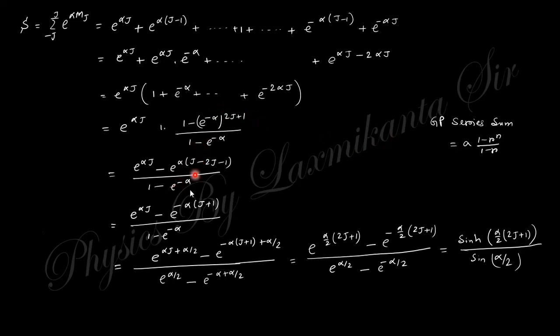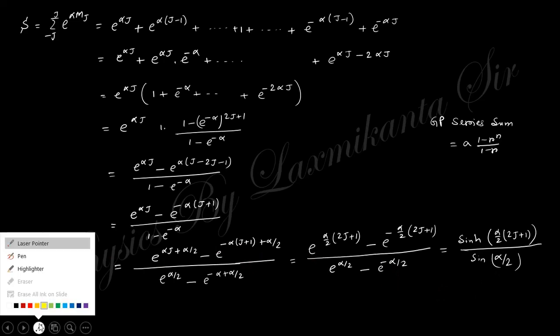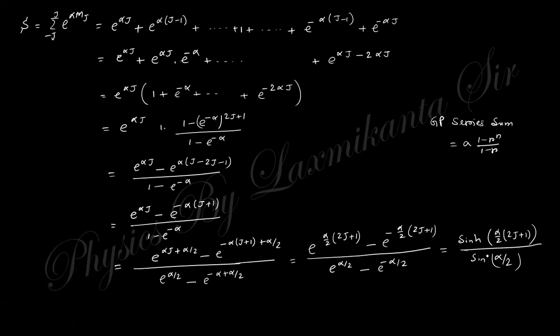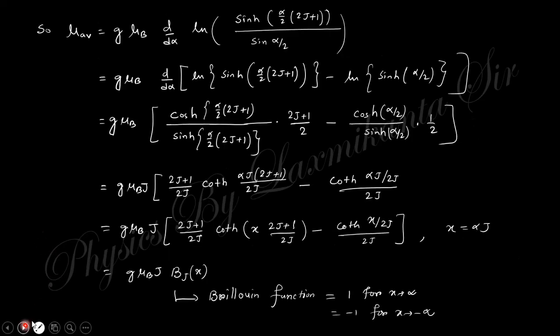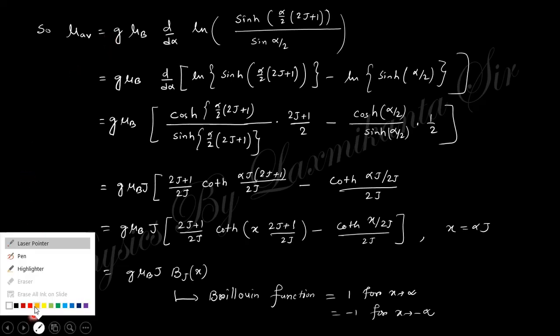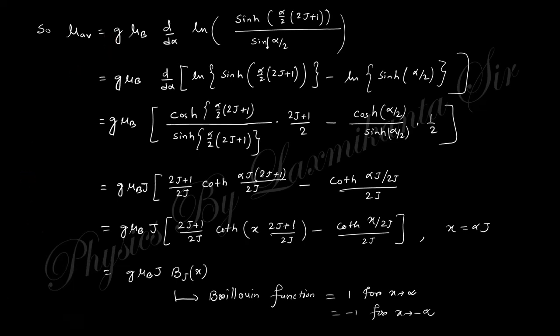The summation of the GP series will be like that, and then rearranging them, you can write it in terms of sinh, hyperbolic sine, and sinh of alpha by 2. So the average value will be like that.